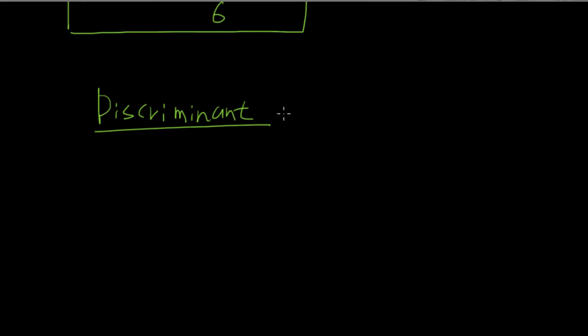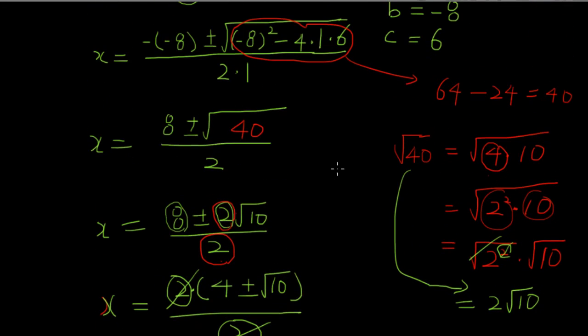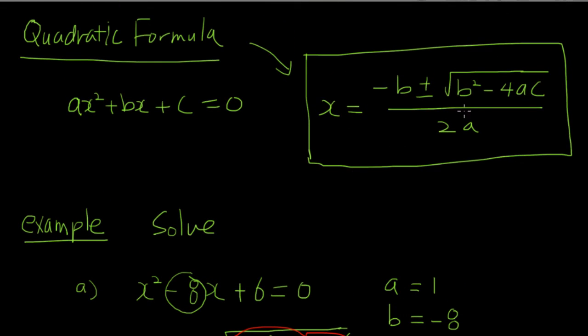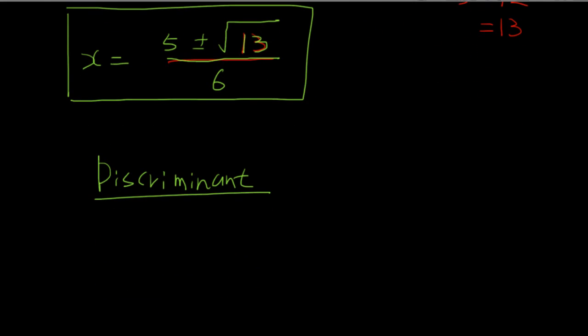So let's go back to the formula. The formula looks like this. The inside of the square root is right here: b squared minus 4ac. That's what's called the discriminant of the quadratic formula.